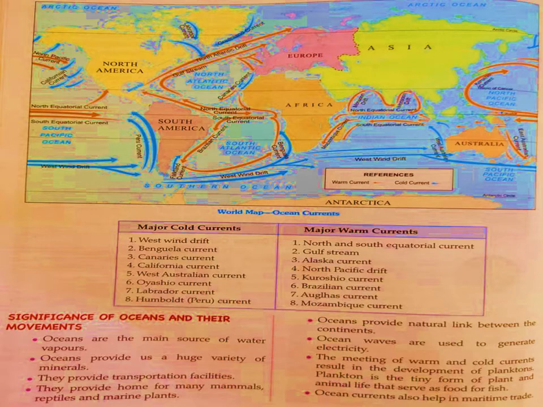Ocean provides a natural link between the continents. Like if you see the continent Australia, how will you connect with that if the ocean was not there? So it is a link which connects the continents. Ocean waves are also used to generate electricity, like we already discussed. France, China, these are the countries producing electricity with the tides.